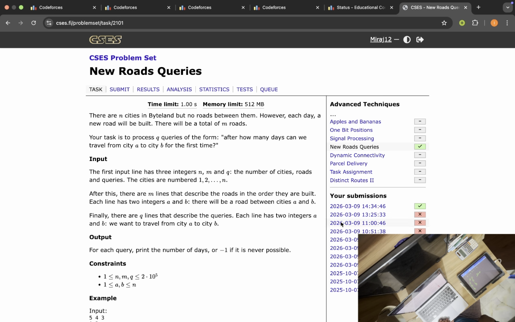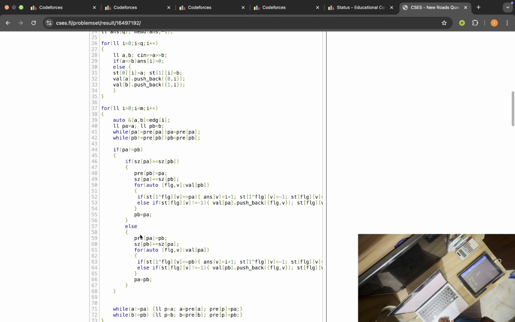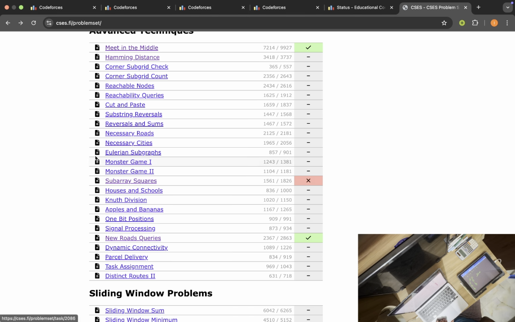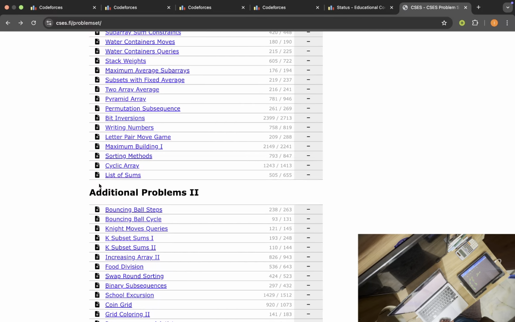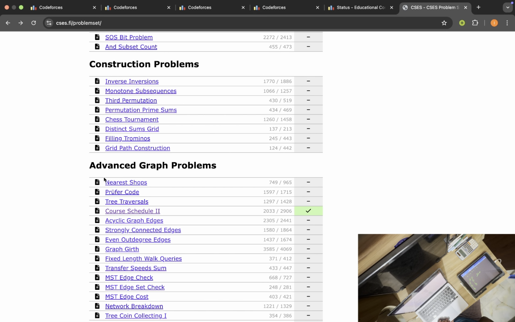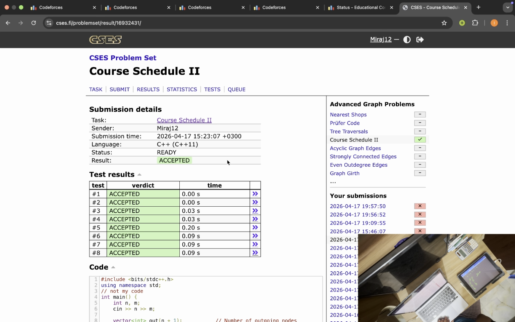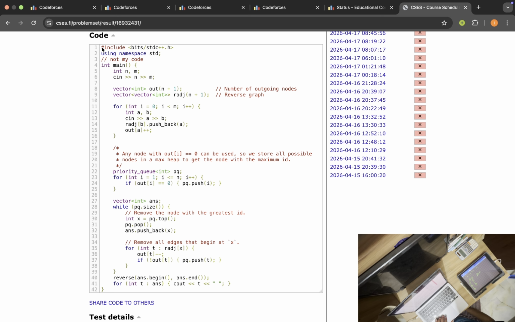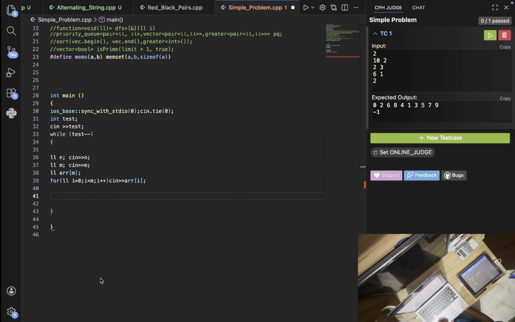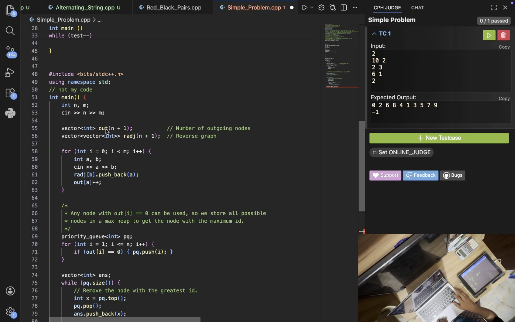Range queries. No, not this one. Yeah, that is one. I need to remove some stuff.